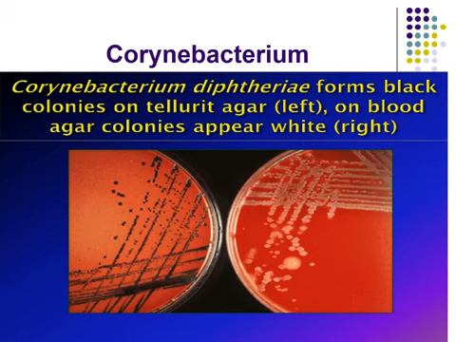Then to know if this bacteria can produce toxin or not, we confirm this result by a special test called the ELEK test, which is an immunoprecipitation assay, or by PCR to confirm this result.